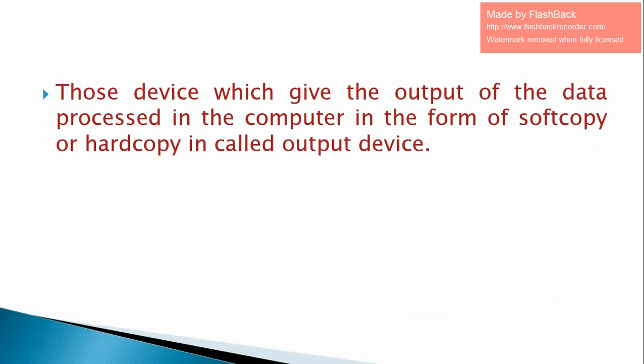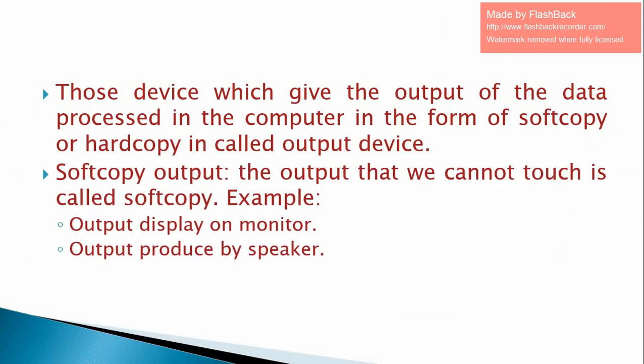One more thing is that output devices produce two types of output: soft copy and hard copy output. What is soft copy and what do you mean by hard copy output? Soft copy output is the output that we cannot touch.